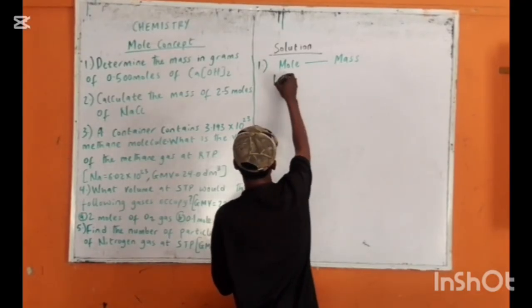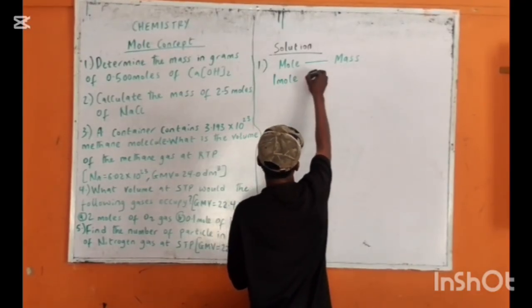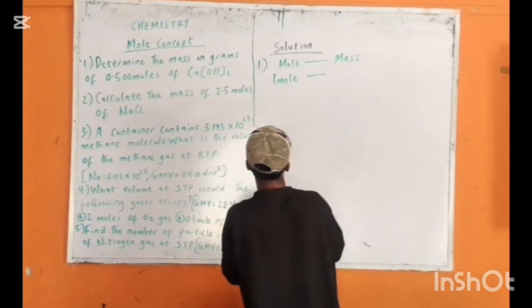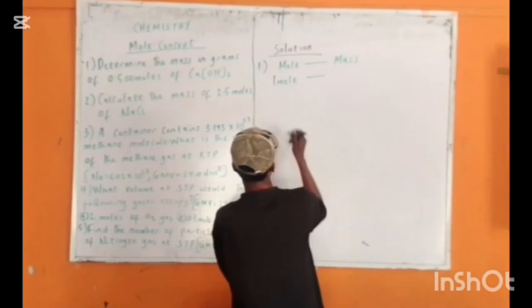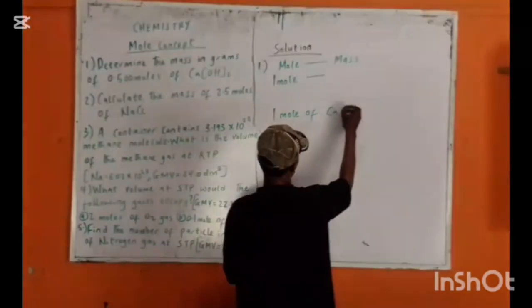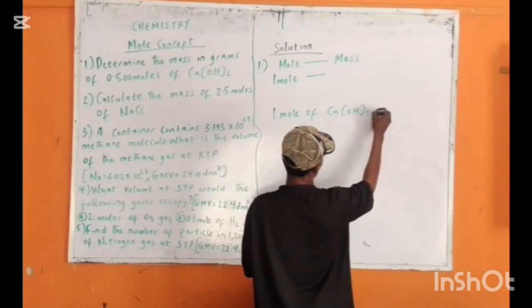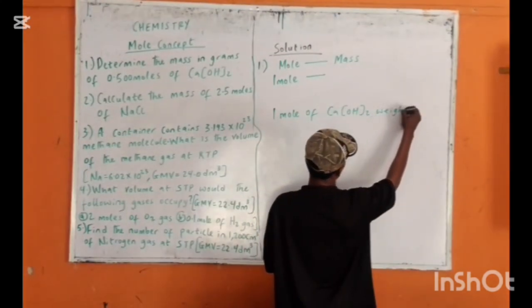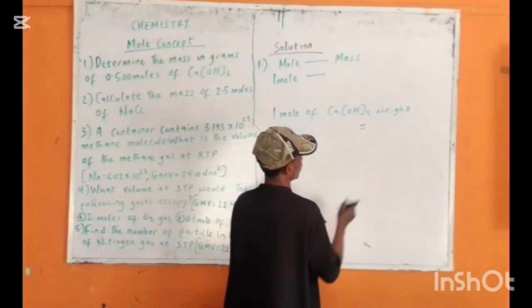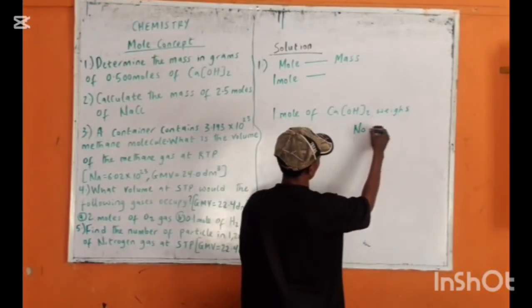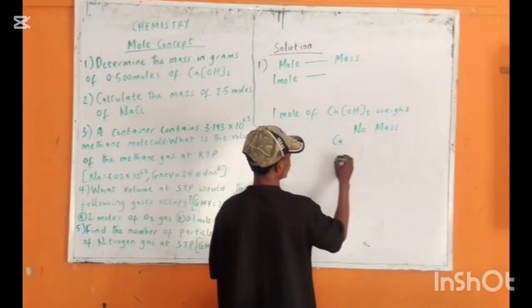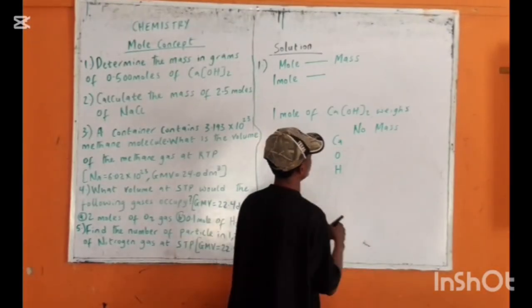So 1 mole of calcium hydroxide weighs what? We're having number and mass. So we're having calcium, oxygen, and hydrogen.